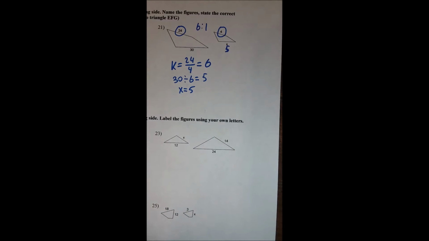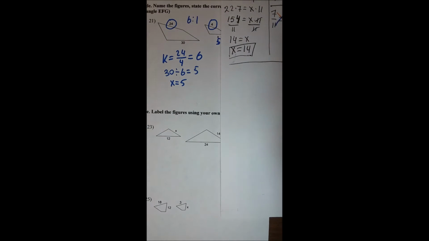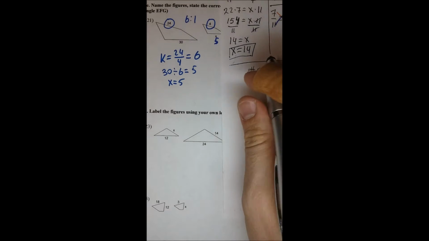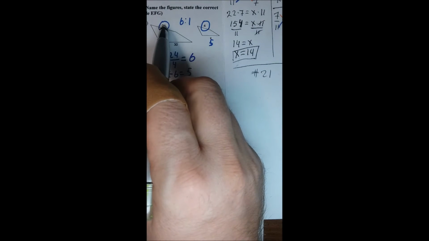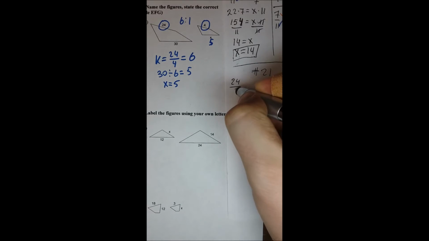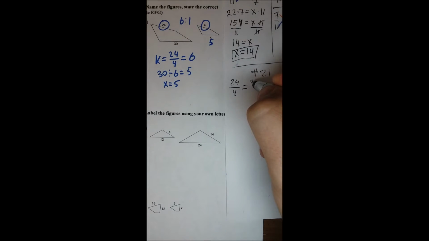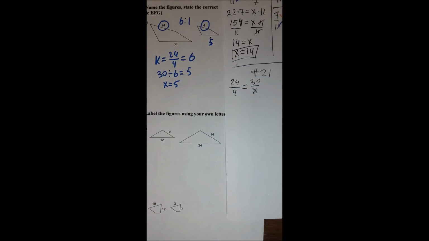If you like the first method, without finding the constant, let's go ahead and do that as well. So right in here, I'm going to write down question 21. Let's compare sides. Again, I want to compare 24 to 4. 24 over 4 is the same thing as 30 over x, if you like it this way.